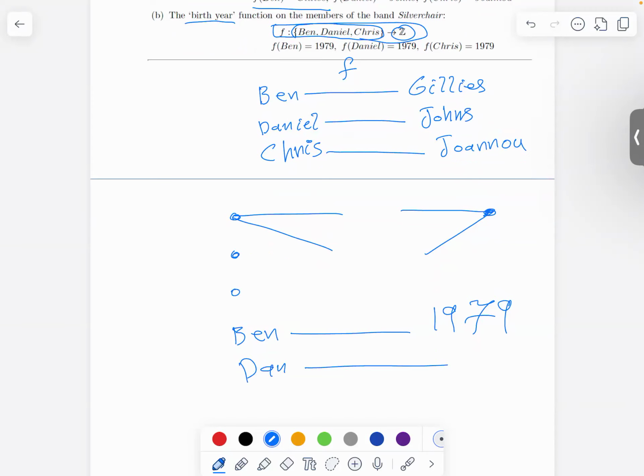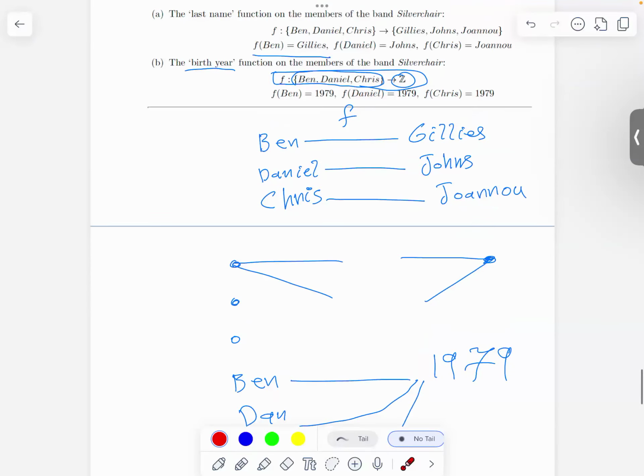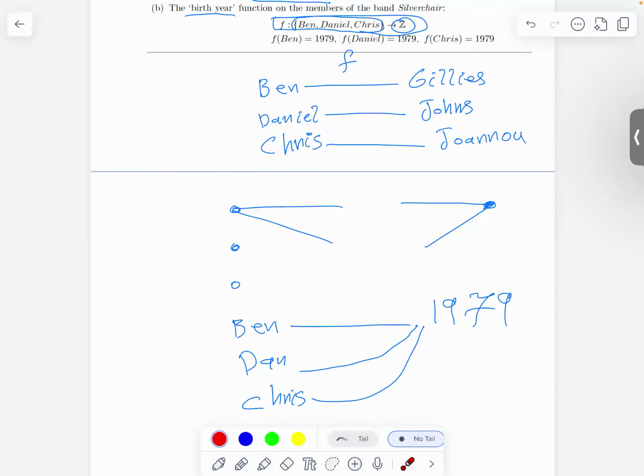Daniel, 1979. And Chris was born as well in 1979. So we see such a scenario here. So it's not a one-to-one function, and also the function is not covering all of Z. So the function is not onto. So it's just a function and it's not a bijective function.